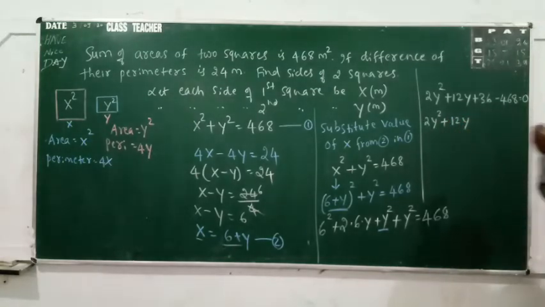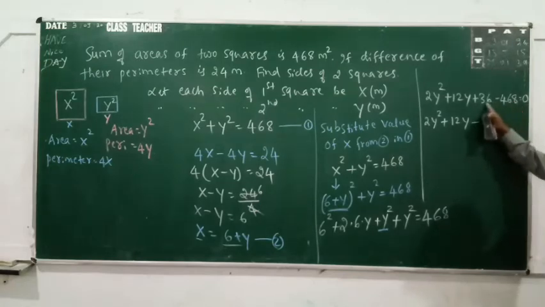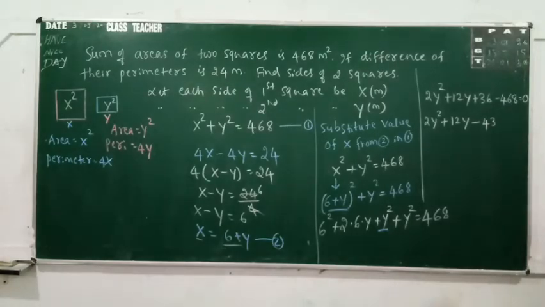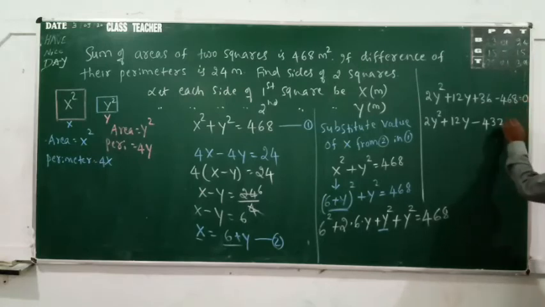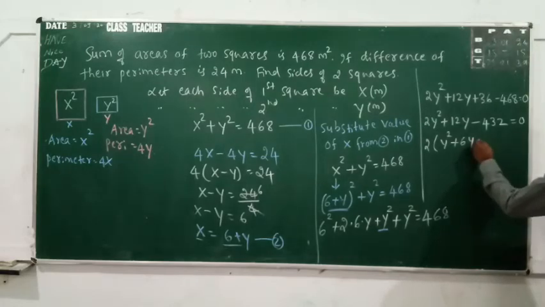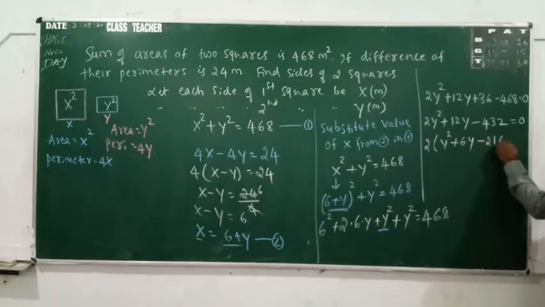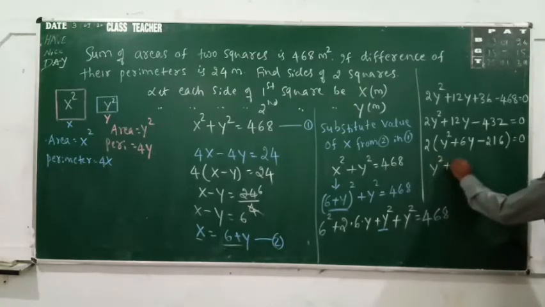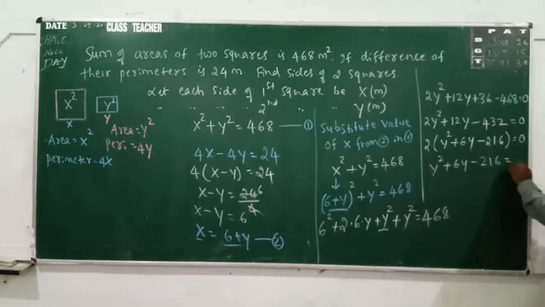If you simplify this, 36 minus 468 gives you minus 432, is equal to 0. I can take 2 as common: 2 into bracket y square plus 6y minus 216 is equal to 0. This 2 will go to the denominator of the RHS, and the equation becomes y square plus 6y minus 216 is equal to 0 by 2, nothing but 0.